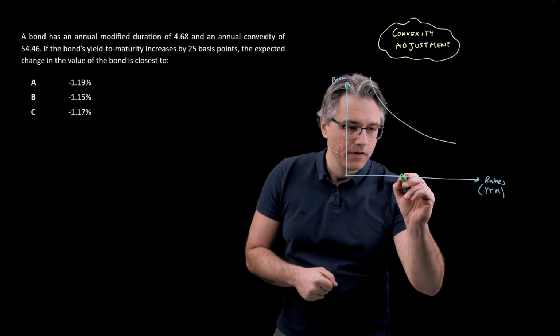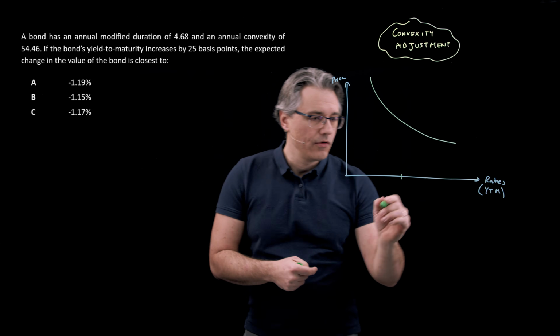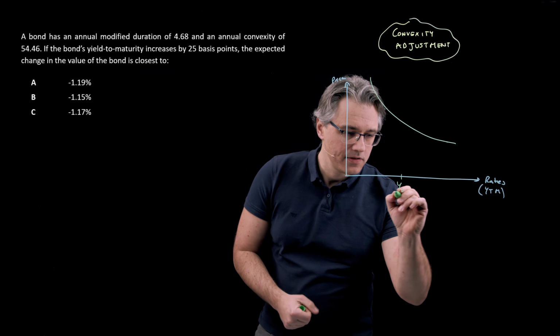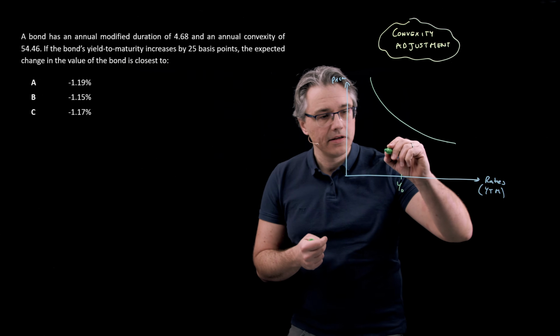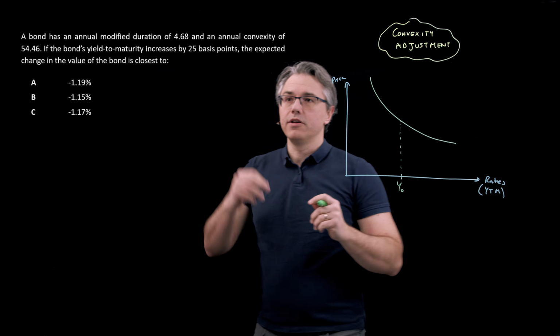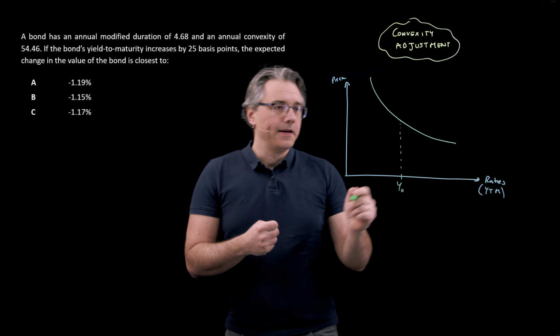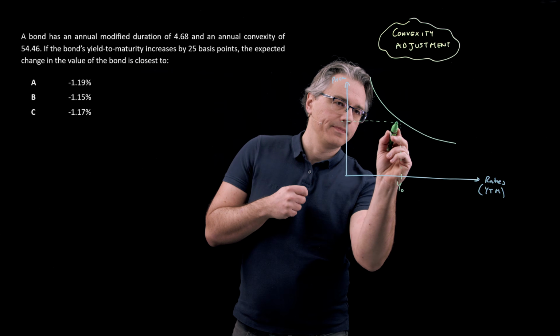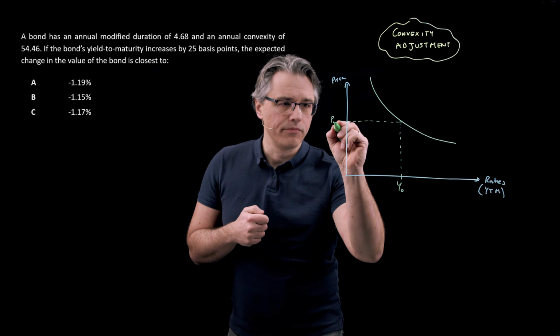Now, if this is a starting point, so the initial level of rates or yields is some kind of yield 0, whatever it may be. And in this question, we're not even given a starting point. We're just told about what the change is. And this is the initial price.